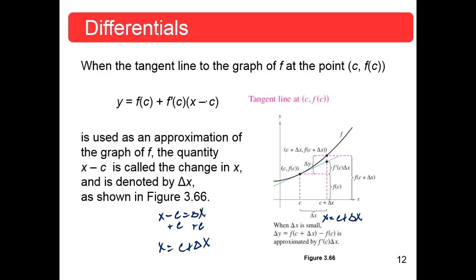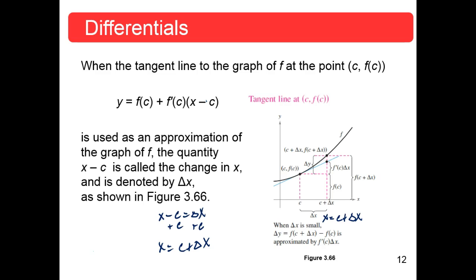When this delta x is small, in other words, this is fairly close to your c, okay? When this delta x is pretty small, you get a very good approximation here between the tangent line and the function itself. The further out you get, the more it deviates, okay? But it's a very good approximation close in.